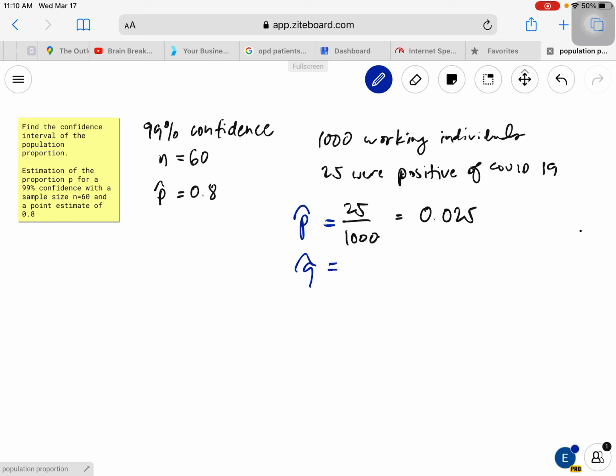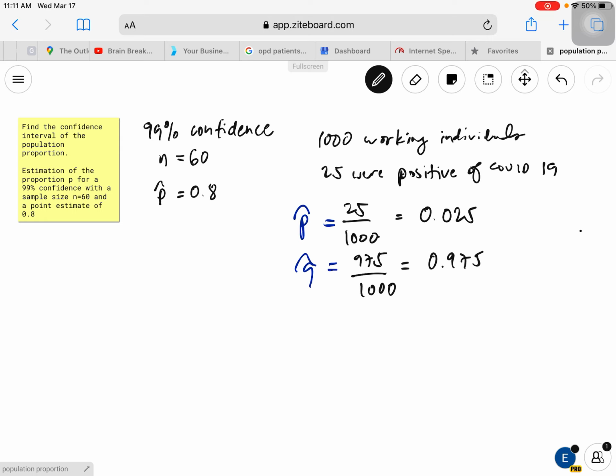So 975 all over 1,000. This is now our q hat. We need to know this because it is going to be part of the formula that we're going to use to look for the confidence interval of the population proportion. So that's 0.975. Okay, so p hat, q hat.